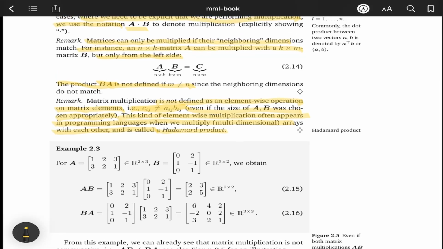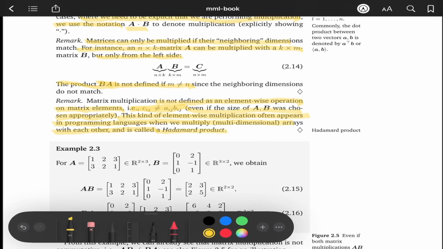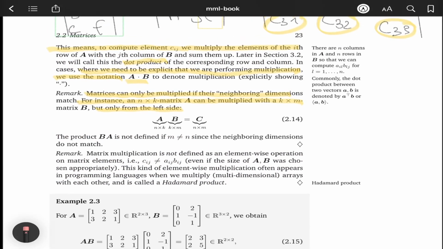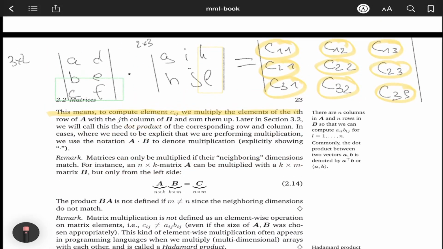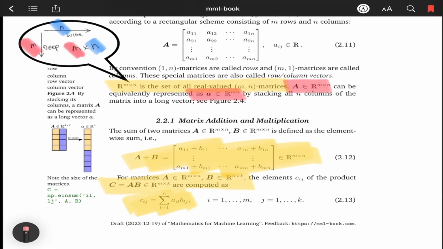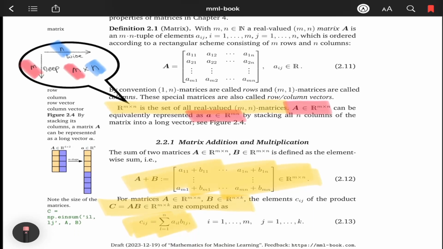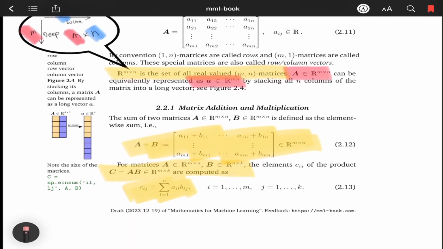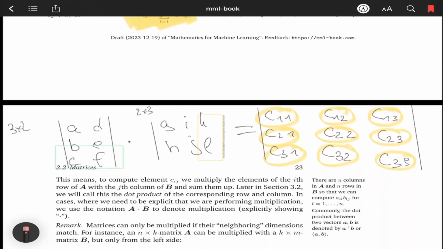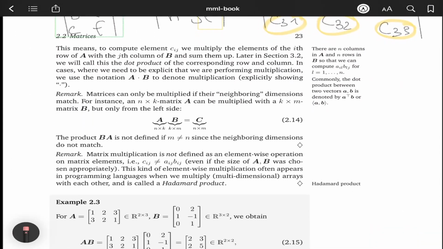So there is a different kind of multiplication called the Hadamard product. We use the same logic as when we're doing the addition, but instead of plus, we do the multiplication.